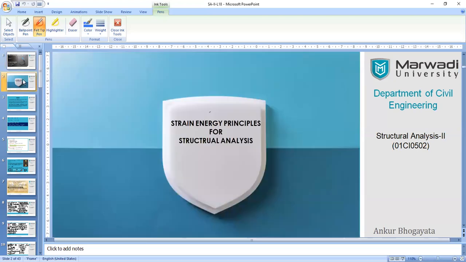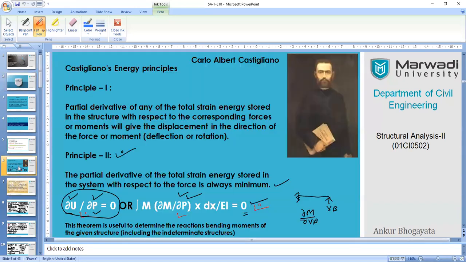Meanwhile, let me go through the contents that we have been following. We have been studying strain energy principles for structural analysis, in which we have referred largely to two principles. Principle number one is useful for determinate structures, to identify the deflection and rotation, that means the degrees of freedom in the structure, while principle number two provides us how we can obtain the unknown reactions and the internal forces in the members, which are largely indeterminate.